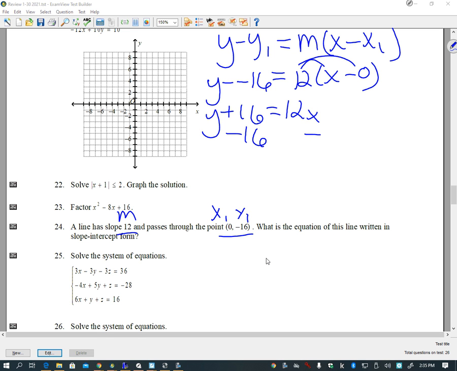Subtract 16 from what? Am I subtracting it from 12x? Nope, because whenever it comes to adding and subtracting, they have to be like terms. So what we could have done is left this as 0. That probably would have helped. But we're going to have 12x minus 16. Does that make sense? See, some of you guys can do more than what you think.